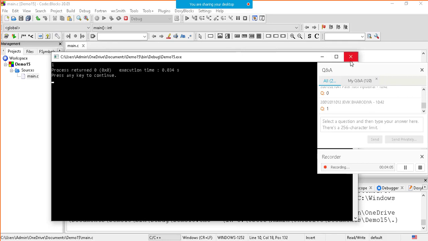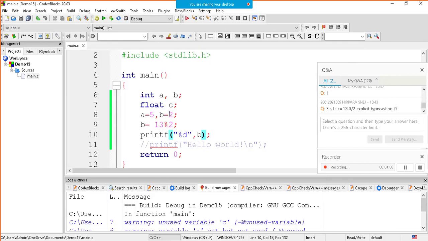Now important thing, when you take minus 13, for example, minus 13 modulo 2. See, 13.0 by 2 is not a casting actually. 13.0 is a float constant, so 2 gets converted into 2.0, that is implicit typecasting.